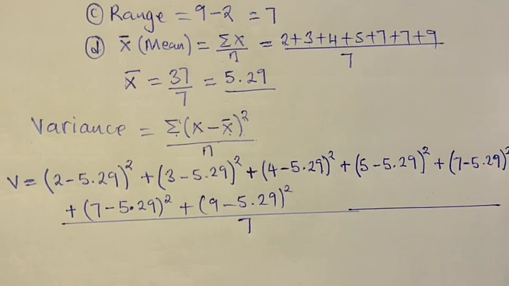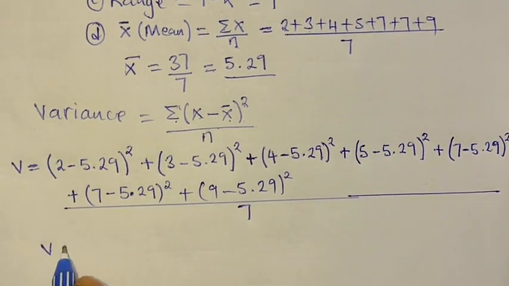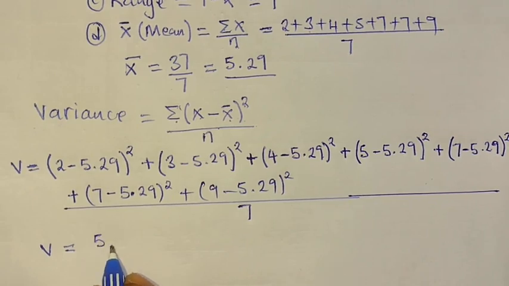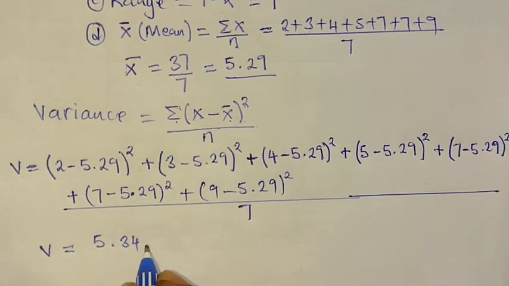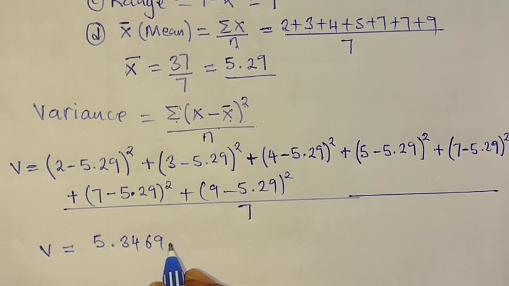There is even a table method which I'll show you again. So from here, we have variance equal to, you get your calculator, you punch everything in, and it's giving you this value 5.346957142 and so on. Make sure that you calculate nicely.